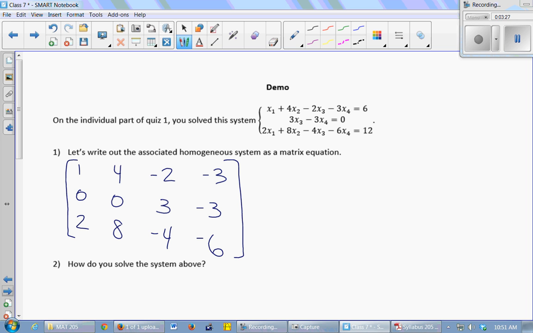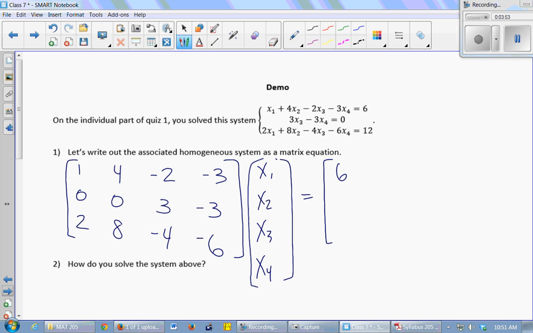And then I have a vector of unknowns. How many x's do I have to put in there? 4, because I have 4 unknowns: x1, x2, x3, x4. So this is my matrix A, the coefficient matrix. This is the vector x, the vector of unknowns, and that has to equal the answers to the equation. Whoops, sorry.